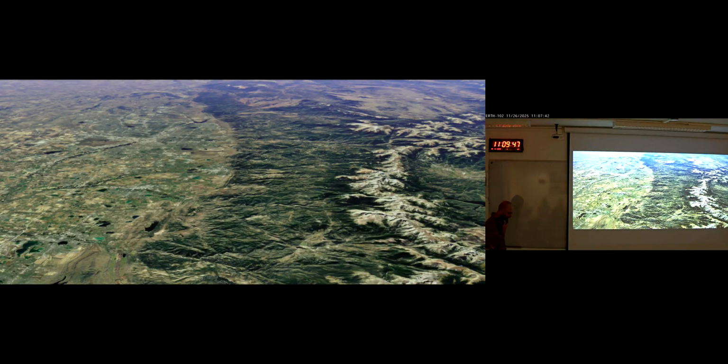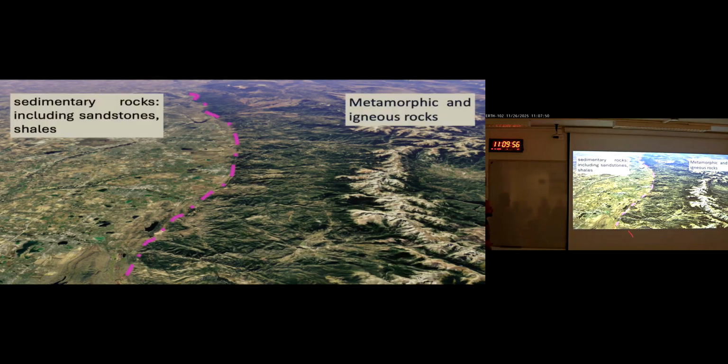The first site that I want to share with you today as a natural experiment is the Front Range of Colorado. This amazing site, this cool landform, is associated with a lithological boundary where there are sedimentary rocks that form the high plains, mainly fine-grained rocks, while the mountainous terrain is associated with much coarser material, metamorphic and crystalline rocks.